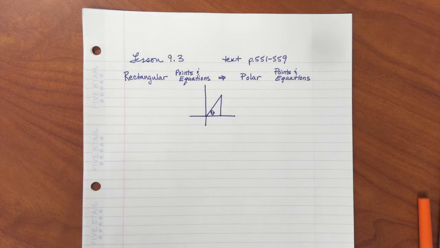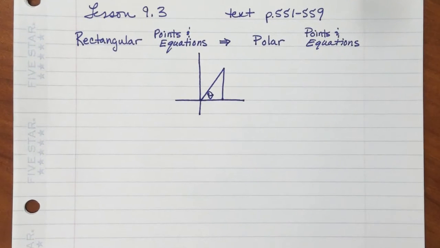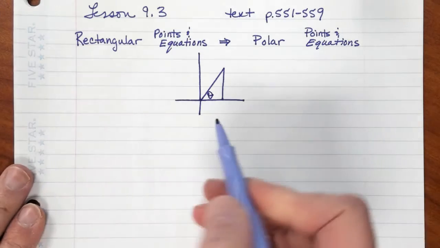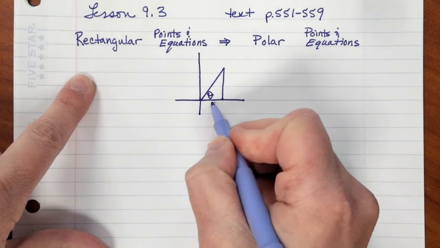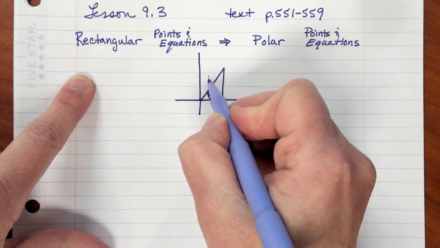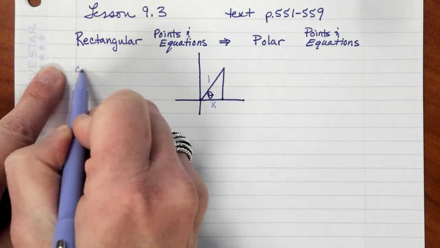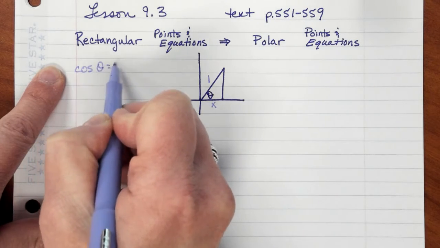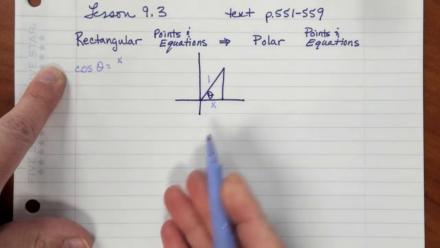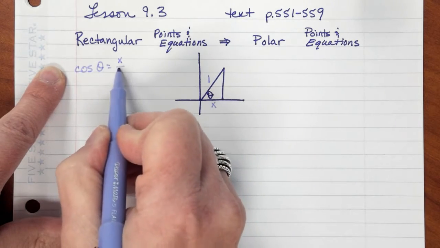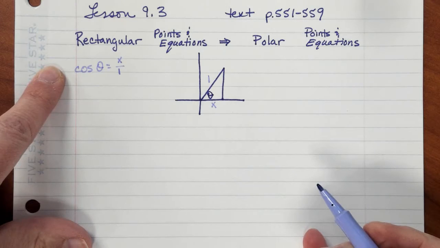If you look at what I have on the screen, let me zoom in just a little bit. You can see that I've drawn a good old triangle. I know you're familiar with the triangle and with the rectangular system. If we have the unit circle, cosine theta is equal to x, or x over 1, because we have the unit circle.